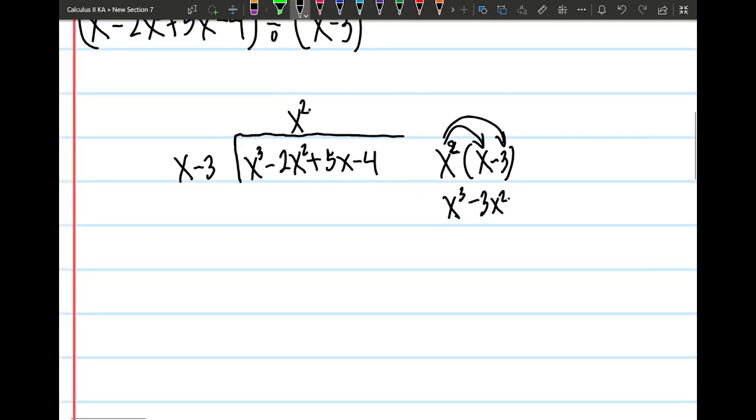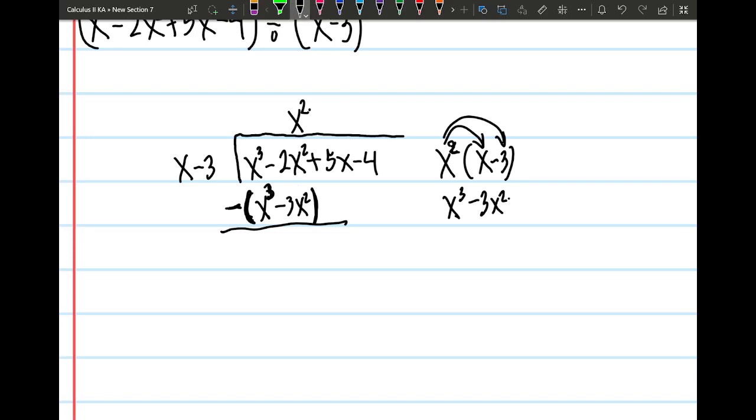That's what I'm going to put here, but I'm going to put a minus and then parentheses, because the minus will distribute in. So we have x cubed minus the quantity x cubed minus 3x squared, close parentheses. Now I'm literally just subtracting here.